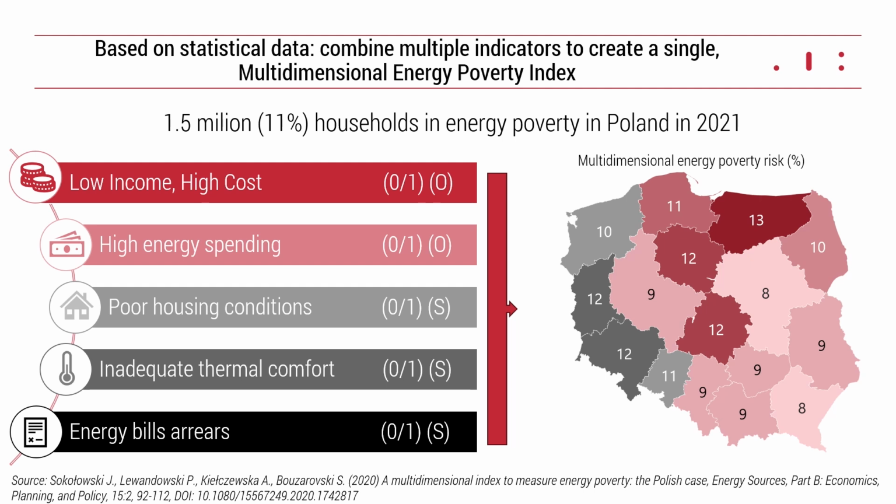They didn't know which one is better, if we can even say that some of them are superior or not. So we thought that what might help them in order to plan intervention and prioritize help would be to build a multidimensional energy poverty index that will return one single statistic that will combine all those indicators.